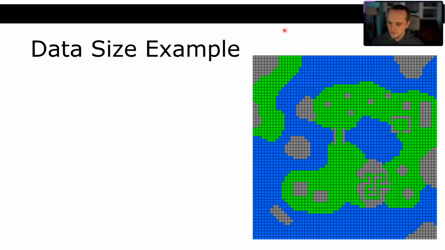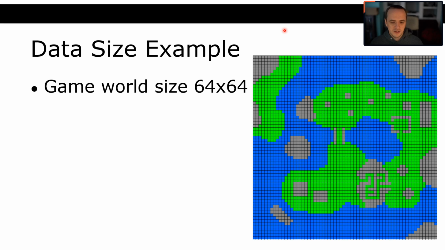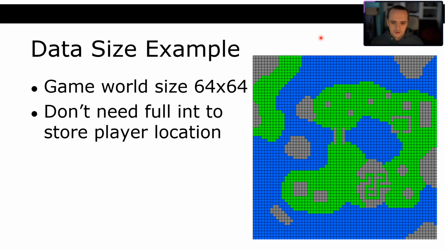Let's say, and if you did 3200 with me, you're probably getting PTSD right now looking at this, but don't worry. So let's say we have a game world, and this is our game world map, okay? And this right now is of size 64 by 64. Well, if that's the size of our game world, we don't need to store a position using a full integer, for example, for the player location.